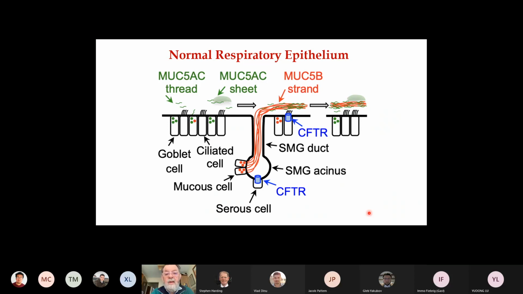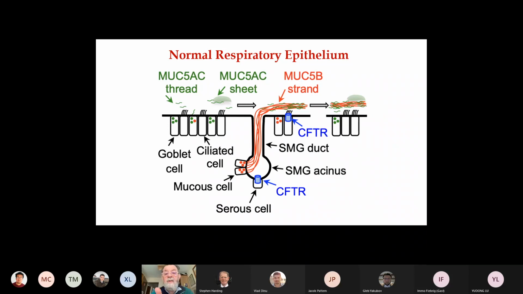At the same time, also in the surface epithelium, these cells produce MUC5AC, which is a smaller mucin, and this MUC5AC forms a complex round the MUC5B strands, and this is what gives the properties of the mucus gel, in order for it to be transported by the ciliated cells, which you can see over on the right hand side.